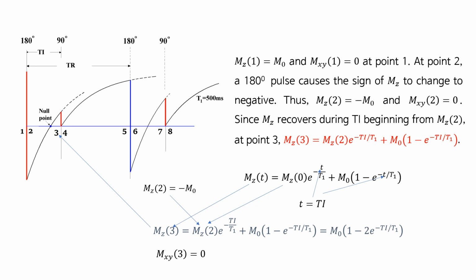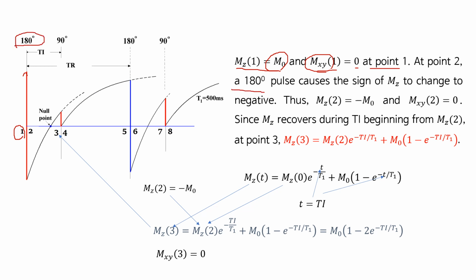Okay, at this moment, before the 180 degree pulse, longitudinal magnetization was M0, and there is no transverse magnetization, 0 at point 1. At point 2, the 180 degree pulse is applied.